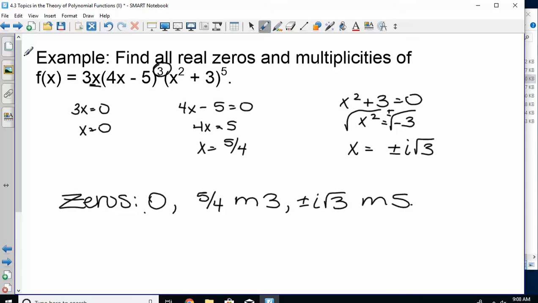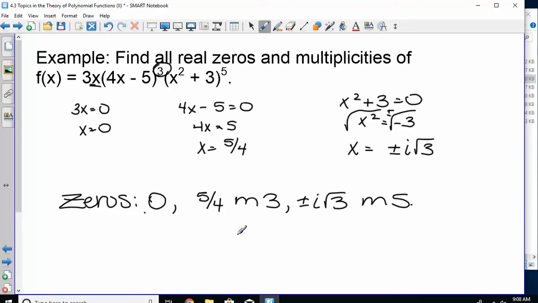And there was a box on it, the multiplicity of a graph, the shape of the graph and multiplicity. We said that if the multiplicity was odd, so 0 had a multiplicity of 1, 5/4 had a multiplicity of 3, odd multiplicities on our graph, they will just go through that intercept.